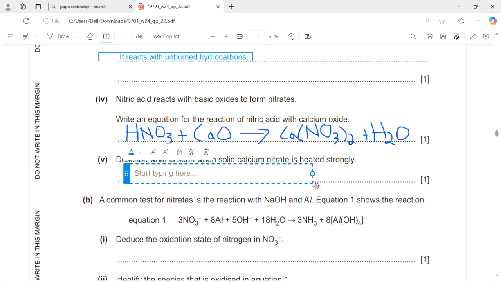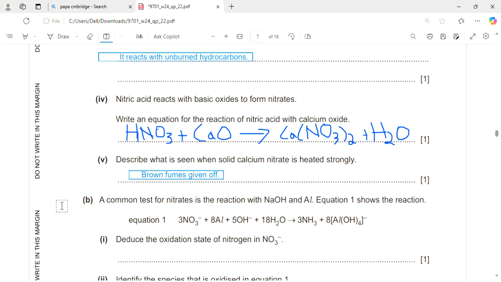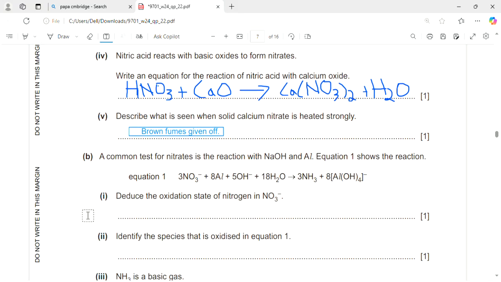Brown fumes, it should be capital B. Brown fumes given off.